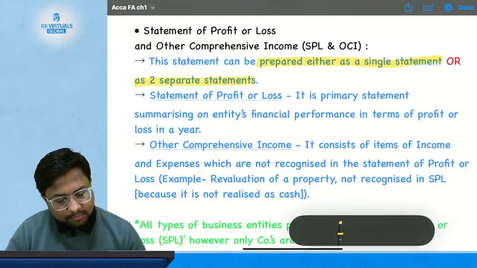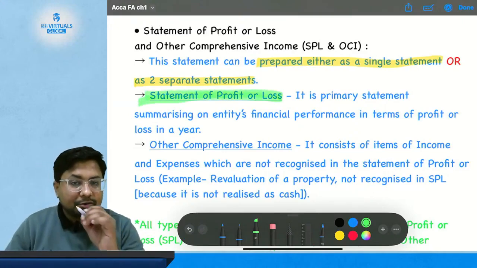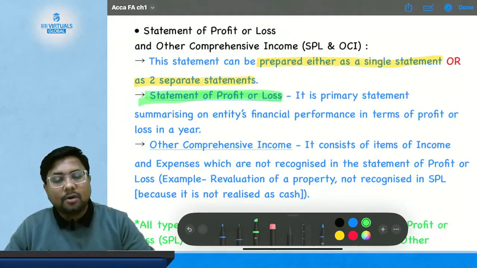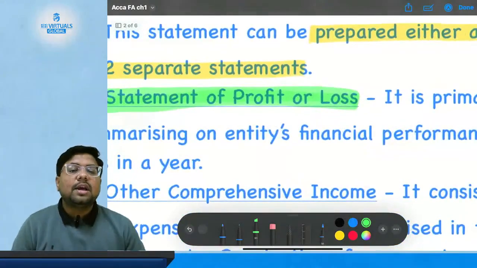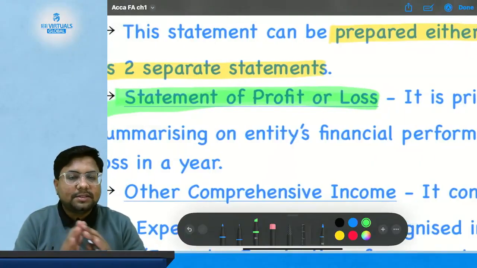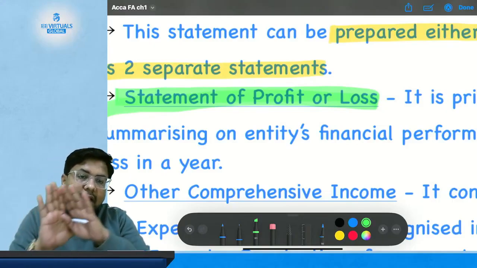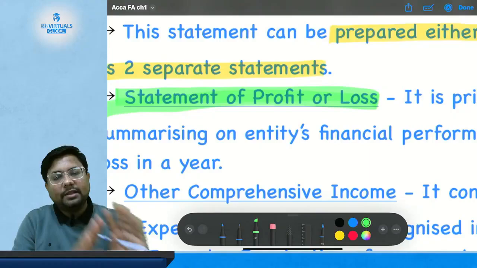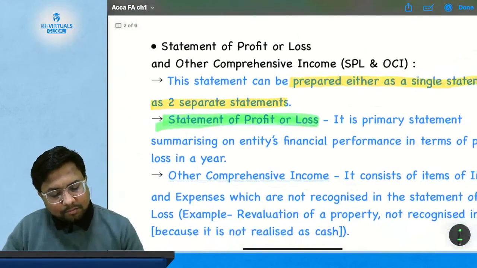Now comes to the main heading: statement of profit or loss. It is not statement of profit and loss. It is statement of profit or loss, because either you will have a profit or you will have a loss. You cannot have both at the same time. So it is called statement of profit or loss. Don't make a mistake like this.